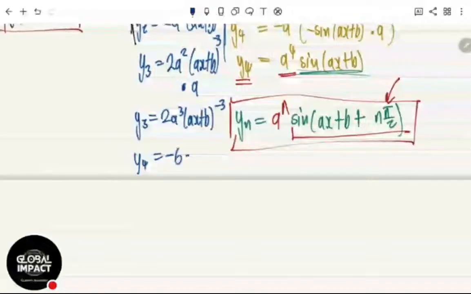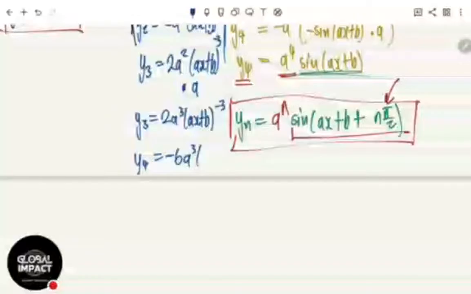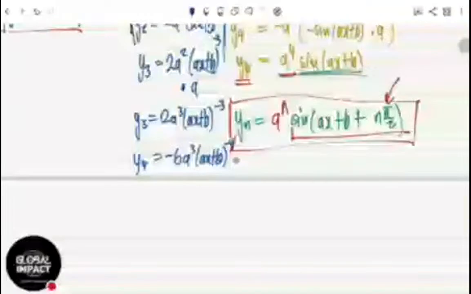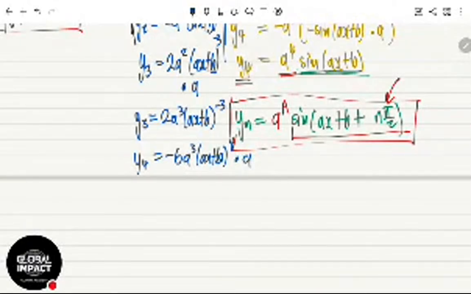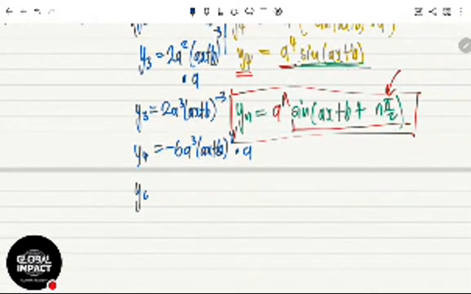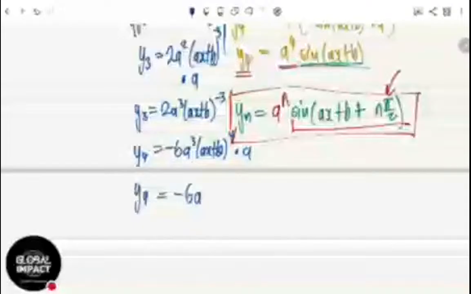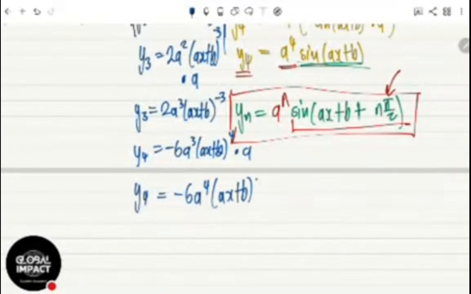Negative 3 times 2, that's negative 6, multiplying ax plus b to the negative 4. Then you multiply by the derivative of the inside. The derivative of ax is a, just like the derivative of 2x is 2 and the derivative of 4x is 4. So y4 will be negative 6a to the 4, times ax plus b to the negative 4.